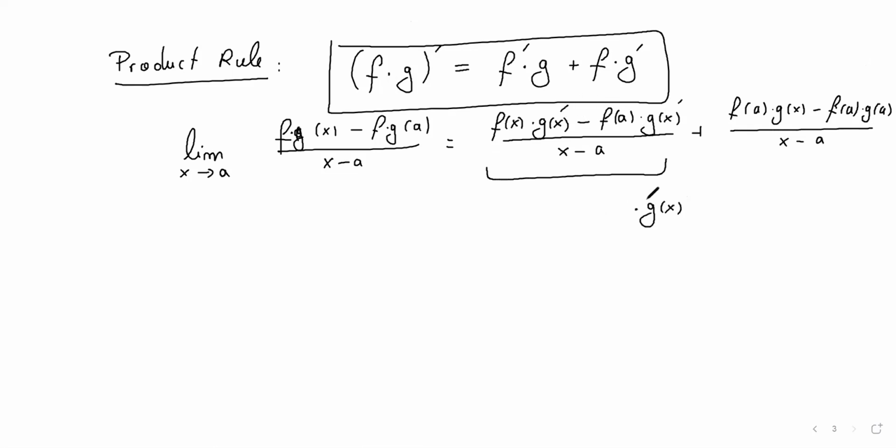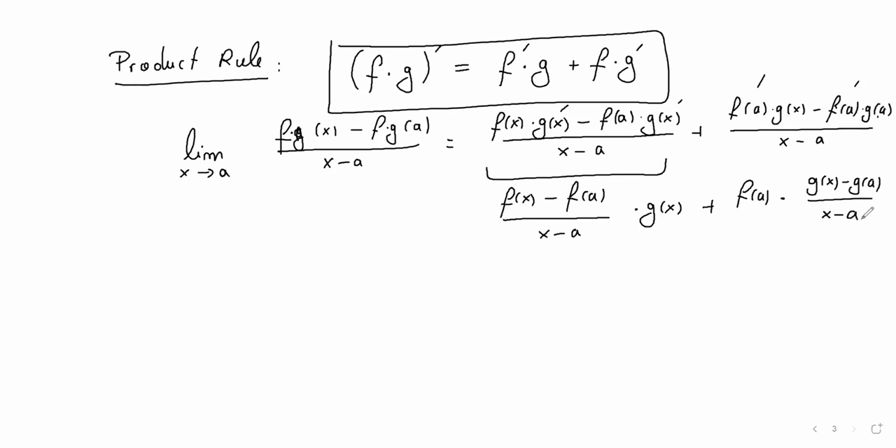So g of x times, and really you're left with a fraction f of x minus f of a divided by x minus a over here. So that's one part. And the second part, you factor f of a here. So there we go. So f of a times g of x minus g of a divided by x minus a.